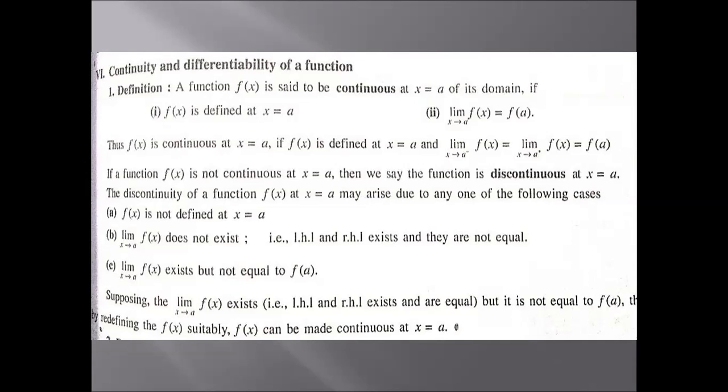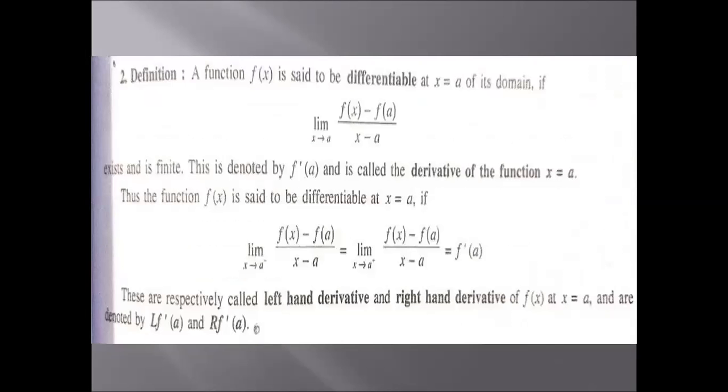Third, the limit as x tends to a of f(x) exists but is not equal to f(a). Suppose the limit exists, the left hand limit and right hand limit exist and are equal, but it is not equal to f(a). Then by redefining f(x), it can be made continuous at x = a.